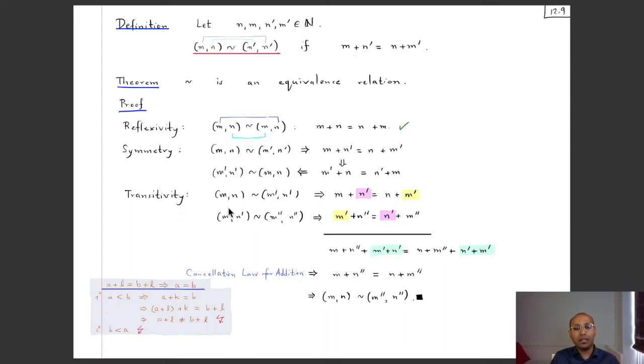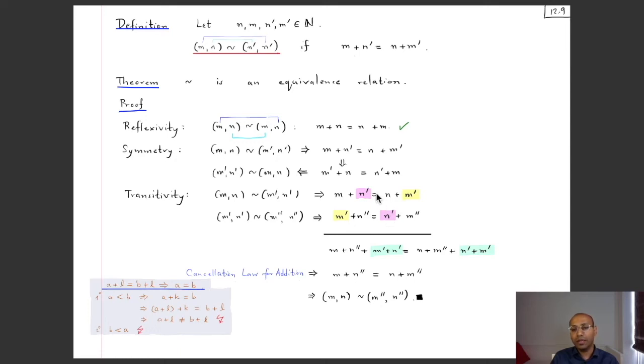Finally, let's check transitivity. So suppose that (m, n) is related to (m prime, n prime) and (m prime, n prime) is related to (m double prime, n double prime), and what we want is that (m, n) is related to (m double prime, n double prime). From this we know that m plus n prime is n plus m prime, and from this we know that m prime plus n double prime is the same as n prime plus m double prime.